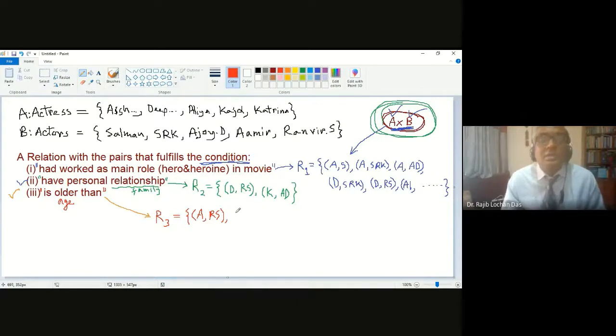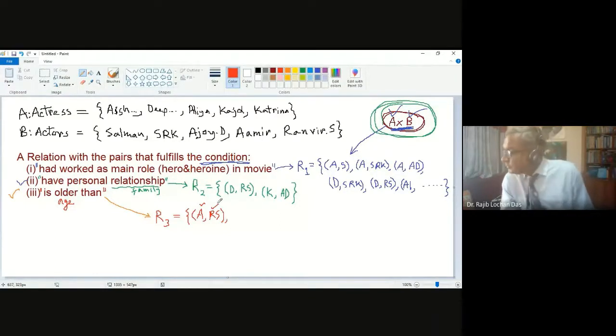So you cannot take Alia Bhatt, because you have to take the first item from the first set and the second item from the second set. Is it clear, Johnny? So you cannot say Deepika Padukone is older than Alia Bhatt, because the second person will be from the second set.